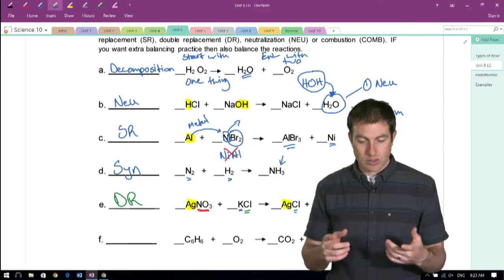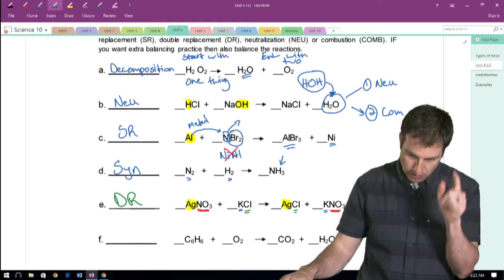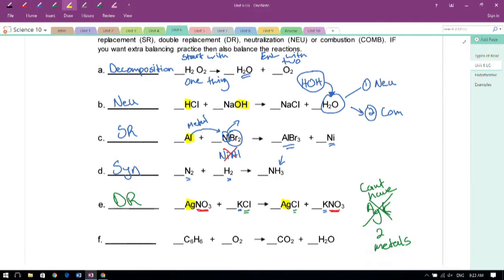The last one is kind of the special case. As soon as I see water, a little light bulb needs to go off in my brain, and I say, okay, I have water, and as I said up above here, the water is one of two things. This is either a neutralization reaction or a combustion reaction. A neutralization reaction starts with an acid and a base, which is an H and an OH. And I don't start with an H and an OH here.